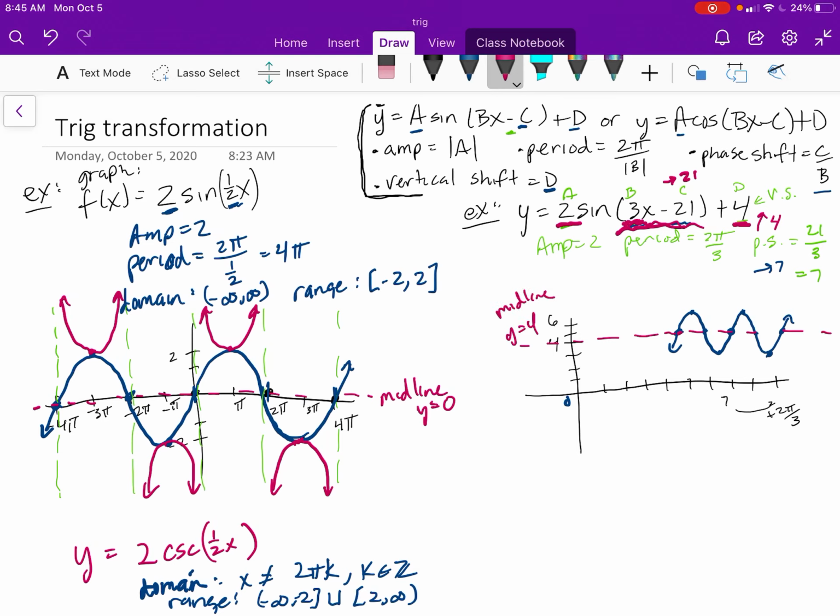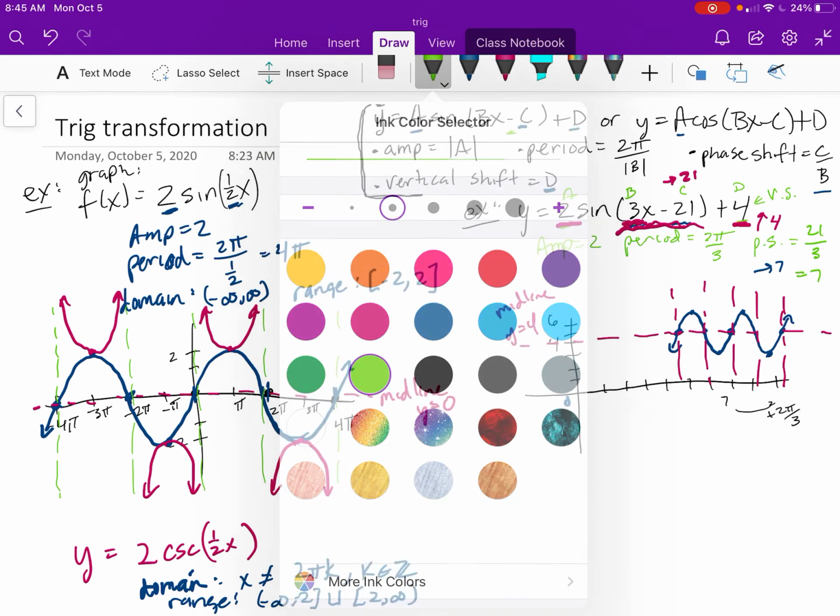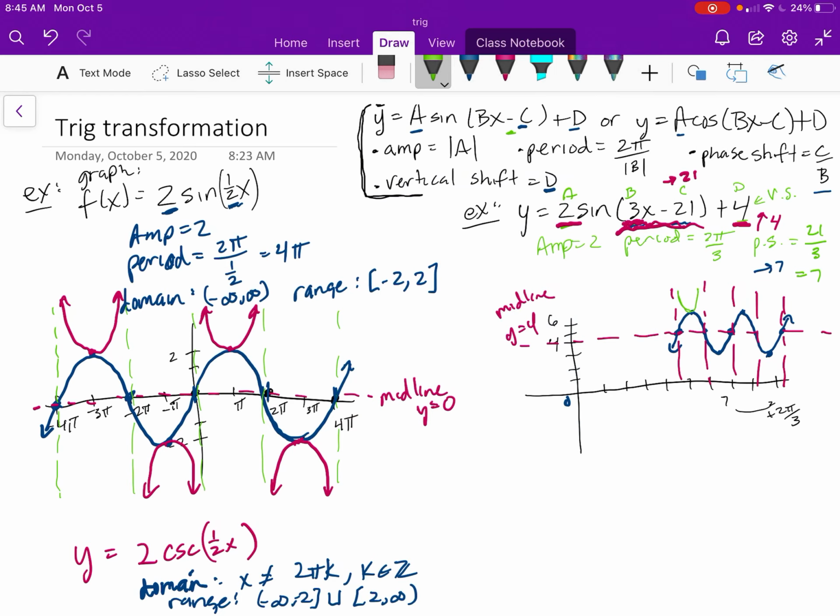I would draw my asymptotes and then fill in the little parabola type looking things, in between each asymptote, off of the max and min. And these extend forever too, even though on both of these graphs I kind of quit drawing them just so we got 2 full periods.